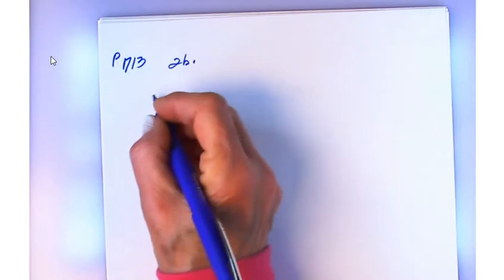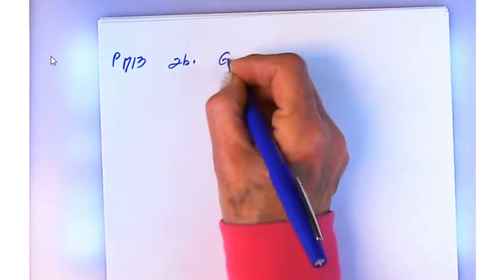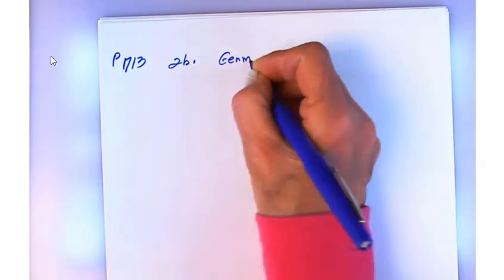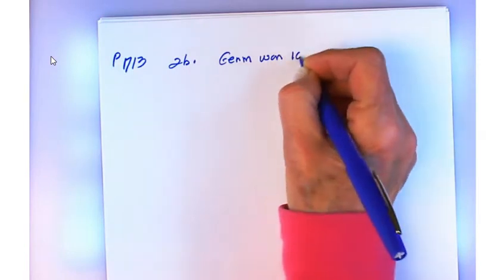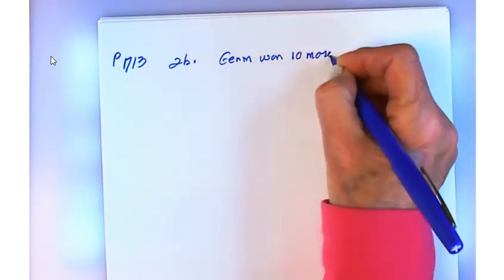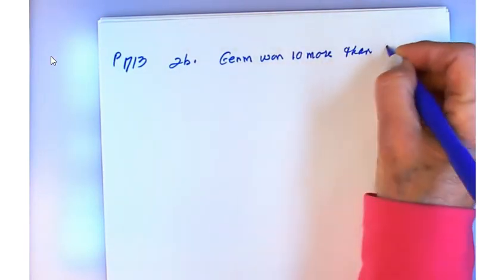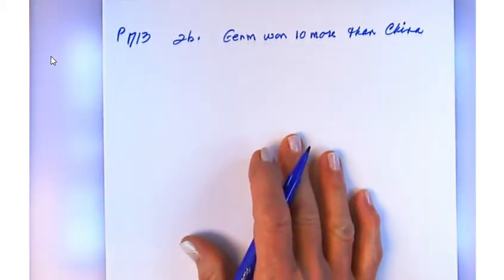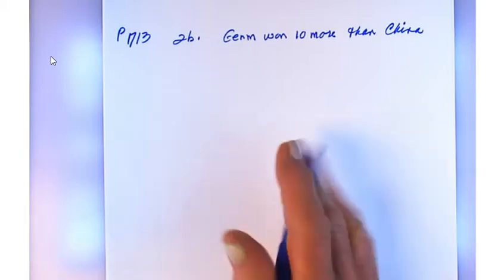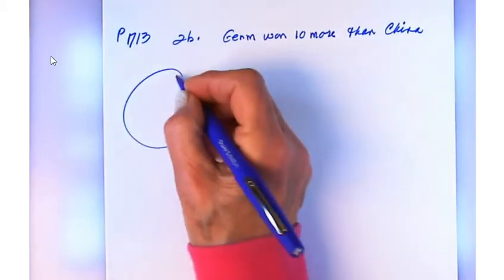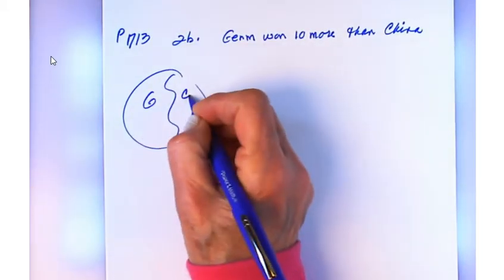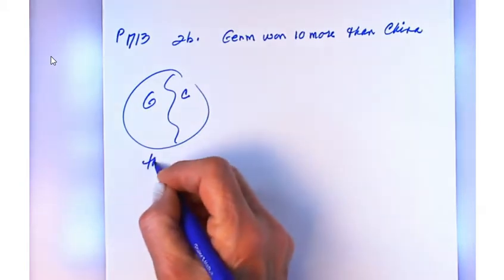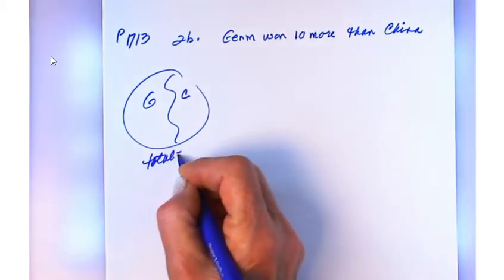So right now I would write down Germany won 10 more than China. Okay? The two countries won 28. So Germany and China, the total equals 28.